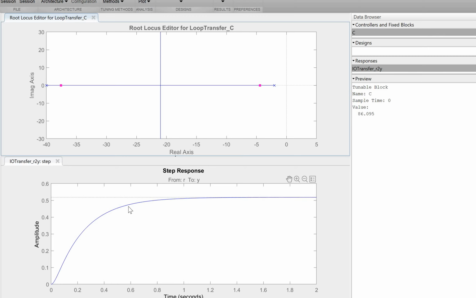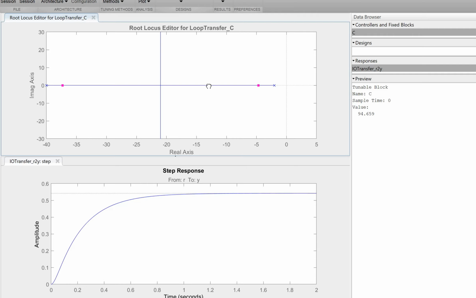We're starting to get it distorted from a true first order system. This faster pole out here is starting to reshape the first order response associated with our slower pole. So in this case, we could not eliminate that 40, because our closed loop poles resulting from the gain of 86 do not allow us to maintain that 10 times rule.